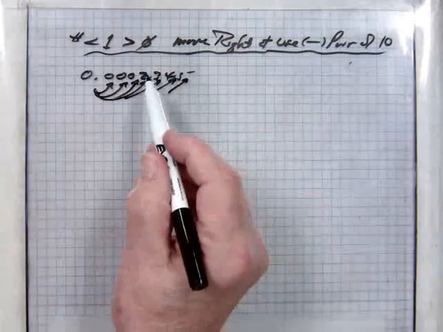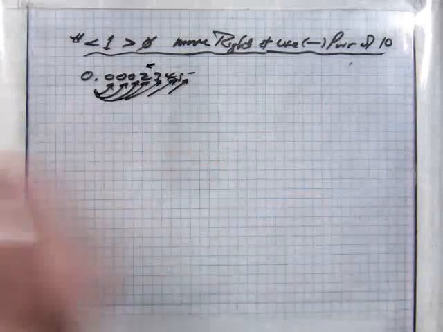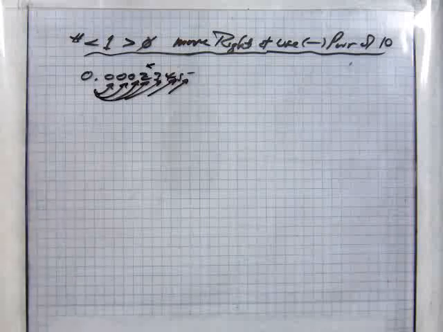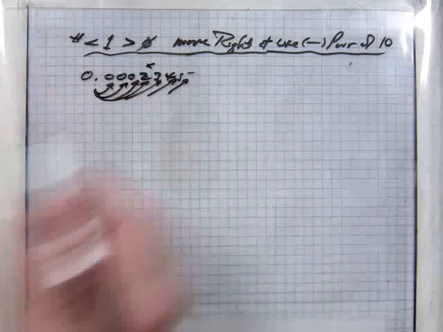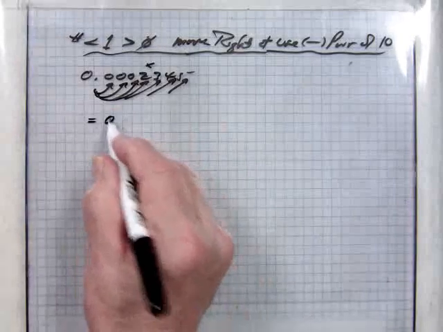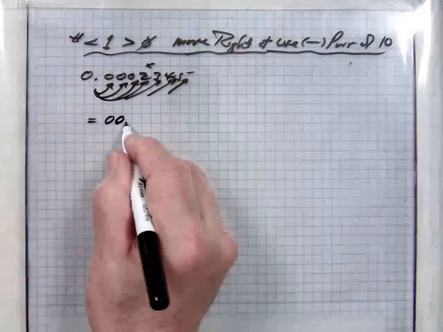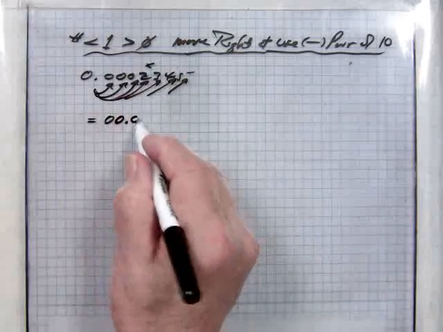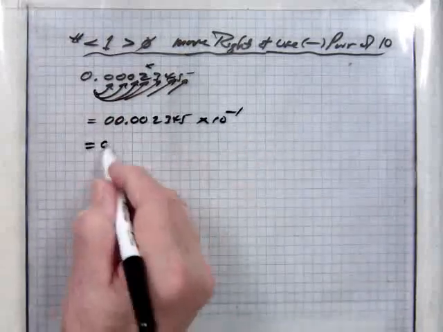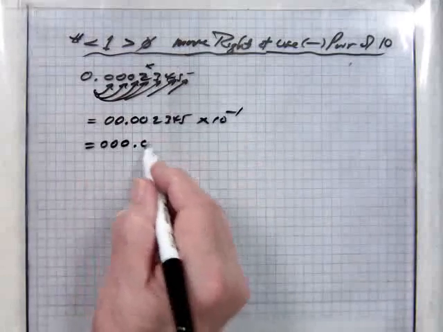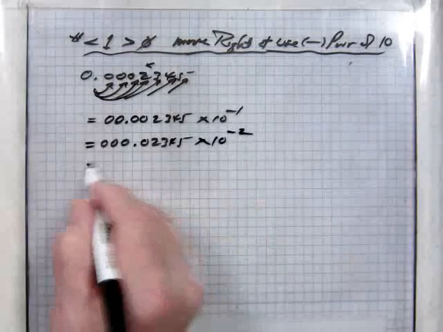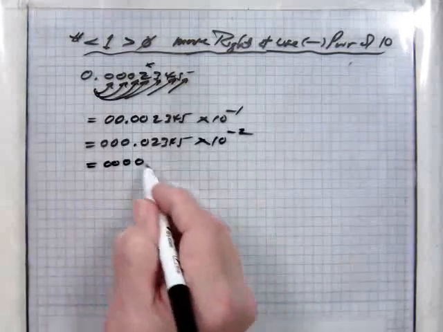But when the coefficient is expressed as a value between 1 and 10, or less than 10, it'll be standard form. So this number would be 0.002345 times 10 to the minus 1, 0.02345 times 10 to the minus 2, just to make a set of data for your notes.